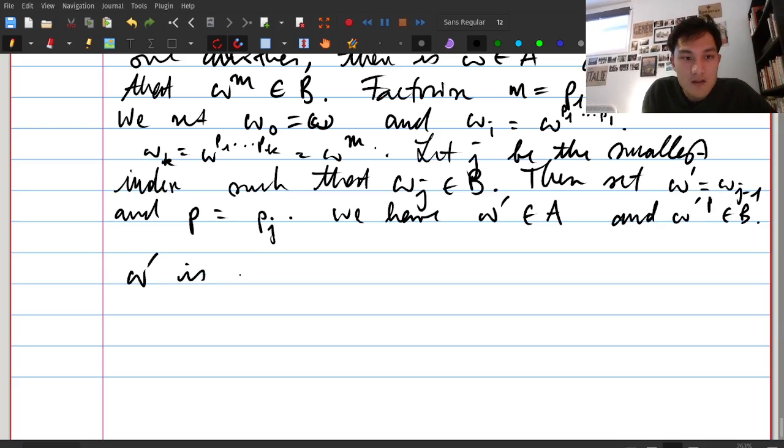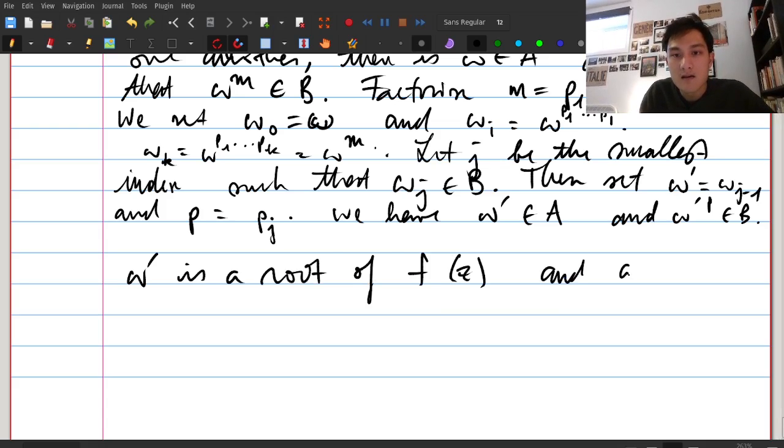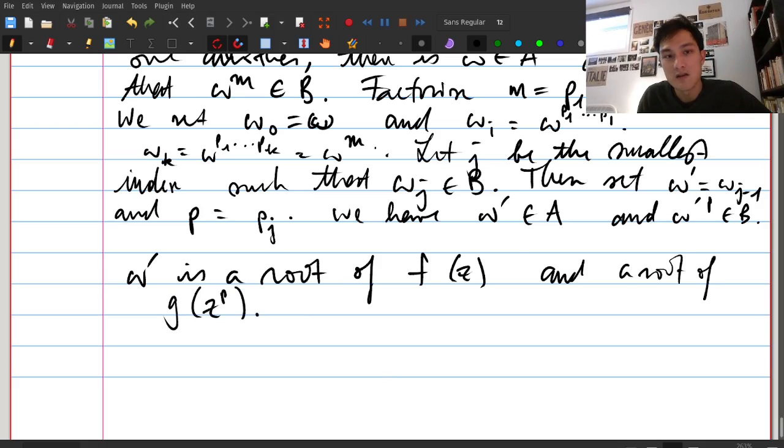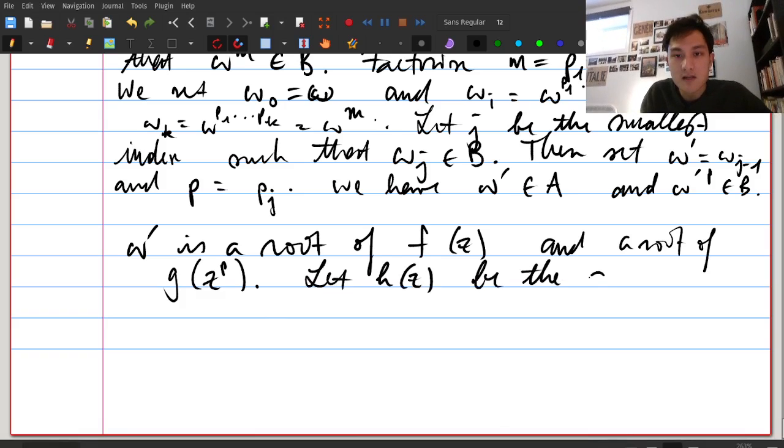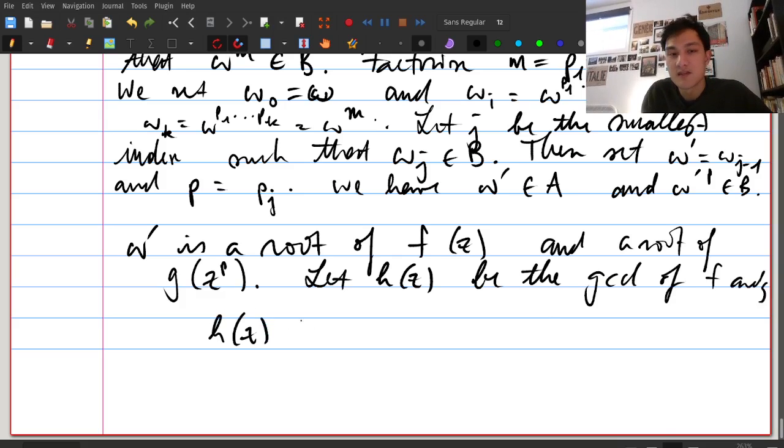omega prime is a root of f of z, and a root of this polynomial g of z to the p, because omega prime to the p makes this 0. All right, so now if we let h of z be the GCD of f and g, we can write h of z, just because you can always do this with the GCD in a Euclidean domain.